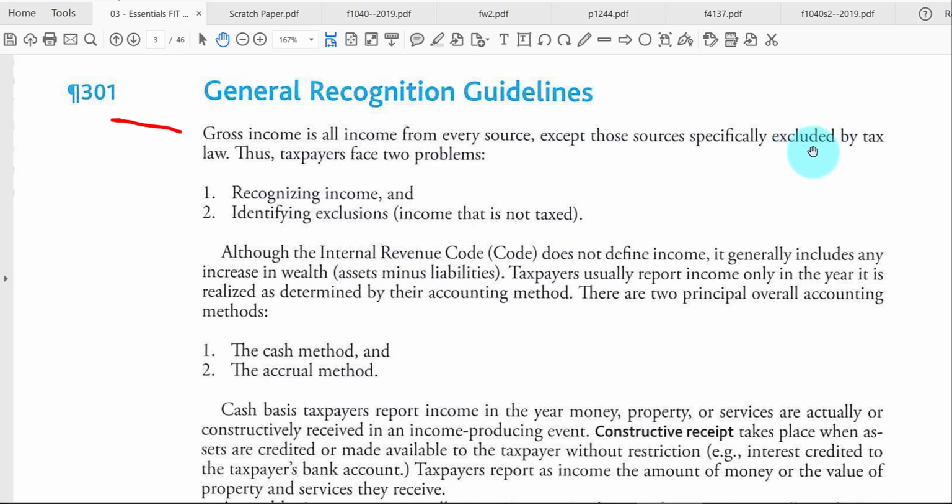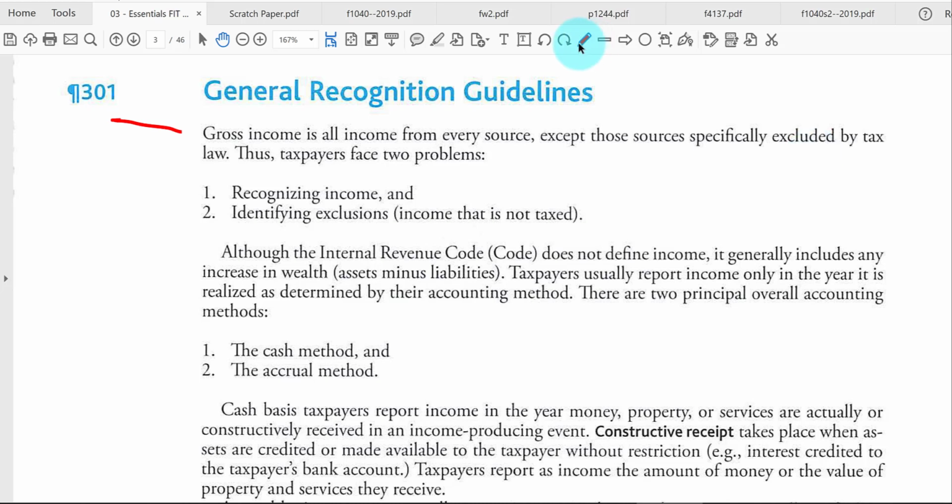So the tax law specifically has to say this type of income is tax-free. Otherwise, you have to assume the income is taxable, is includable. You have to pay taxes on it.